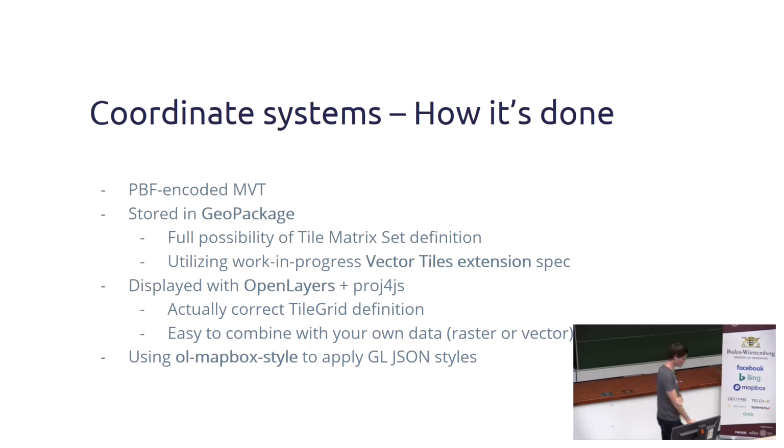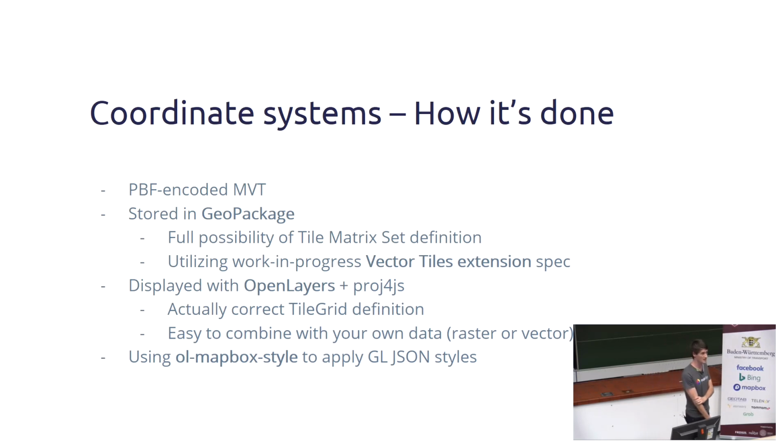And now we modified the flow a little bit, to be able to render the tiles in different coordinate systems. The difference is that at the end, we are storing in GeoPackage.